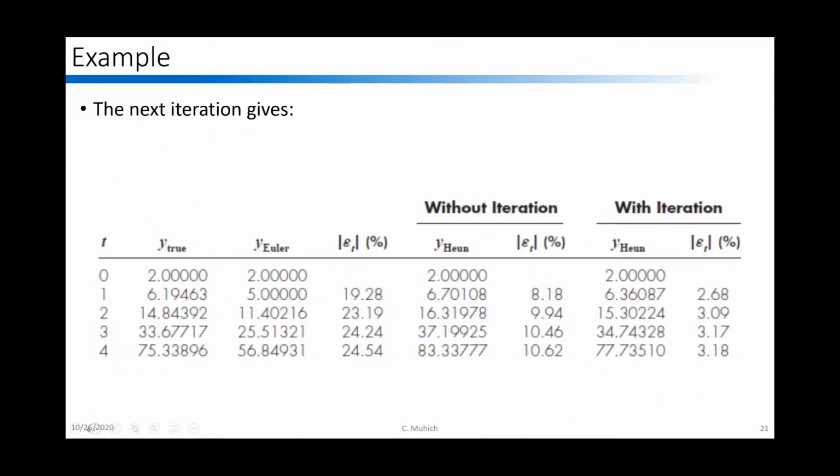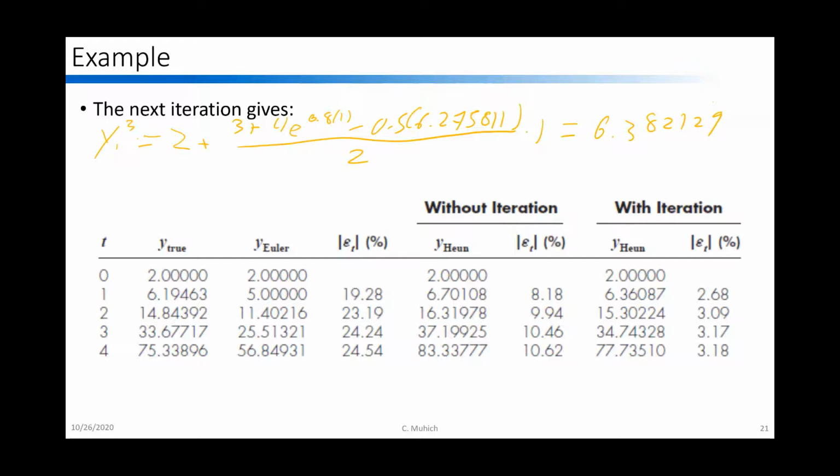We can go ahead and do this one last time by hand. We can say y1 superscript 3 equals 2 plus the old slope plus my derivative at 0.8 times 1 minus 0.5 times 6.275811, my best guess for y, over 2 times my step size, which was 1, which gives me 6.382129.